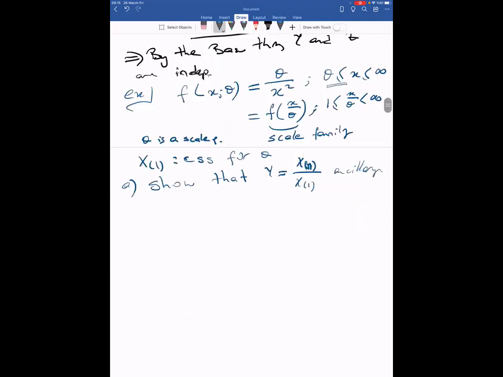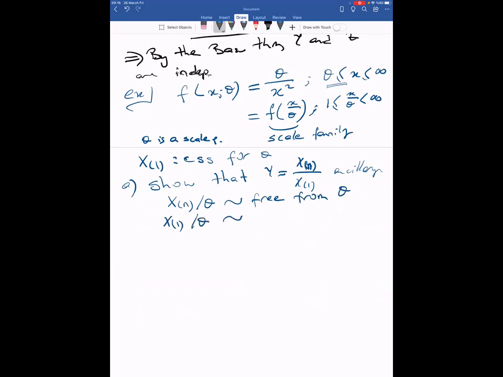So we know that theta is a scale parameter, right? Using that, when we divide xn by theta, its distribution is free from theta, and similarly when we consider x1 over theta.